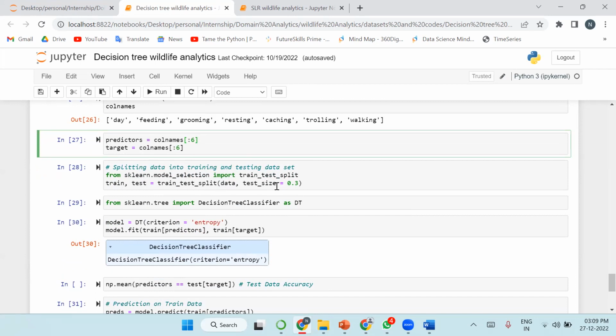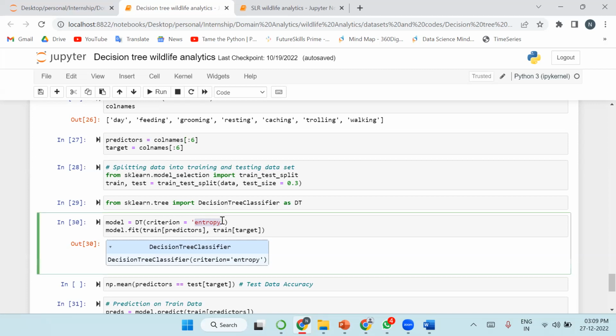We set the test size as 0.3, and from sklearn.tree, we import the decision tree classifier. So model DT, criterion is entropy, and we are fitting the model for train predictors and also for train target.